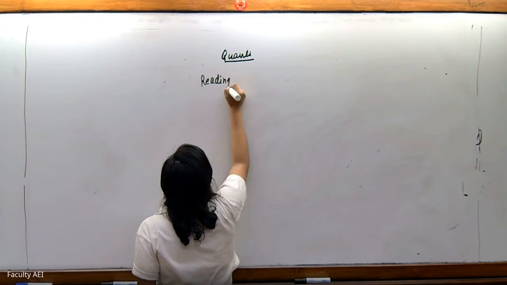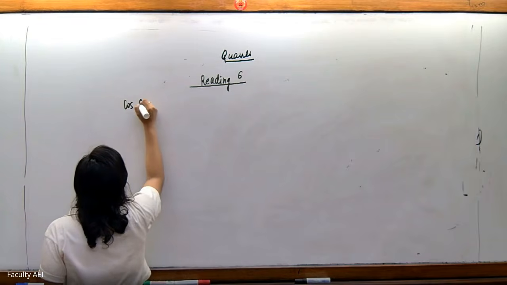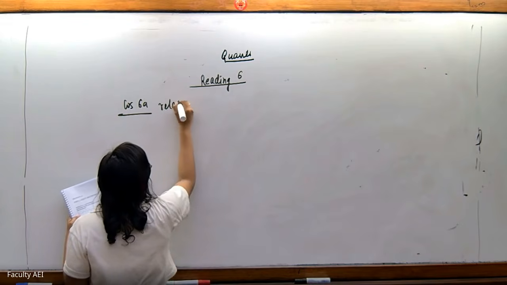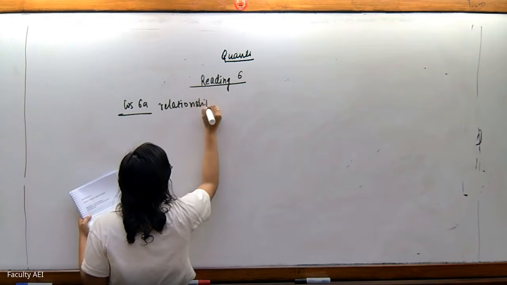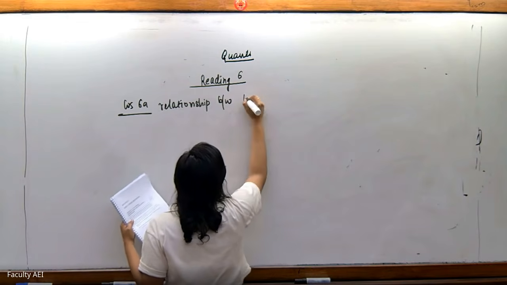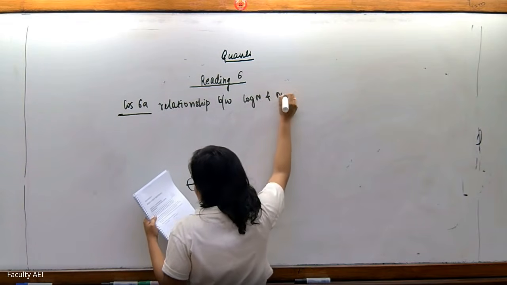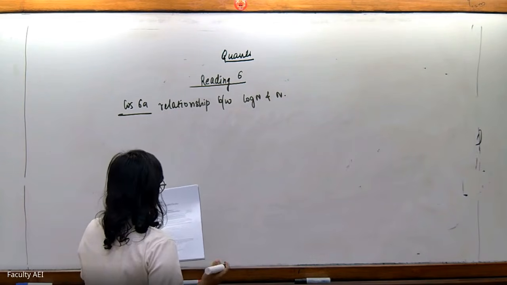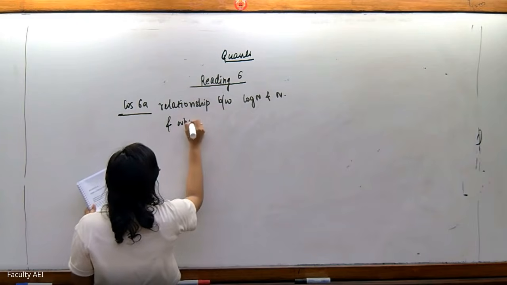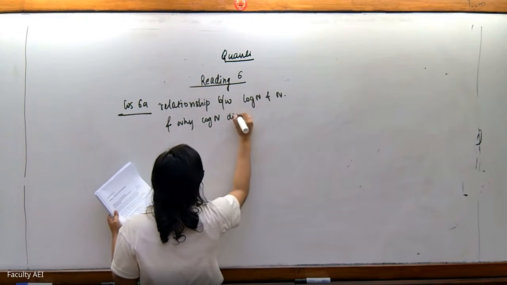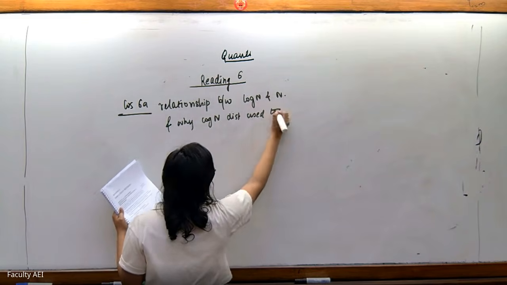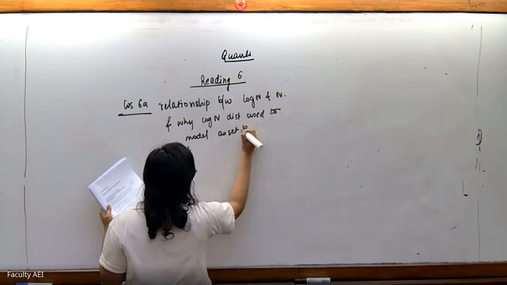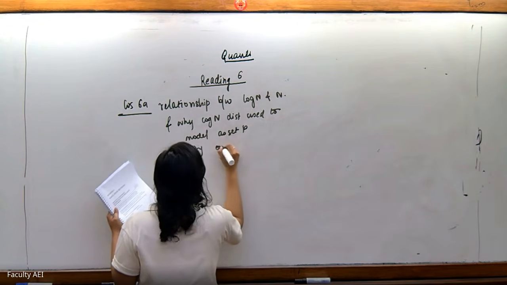LOS 6A is the relationship between log normal and normal distribution, and why log normal distribution is used to model asset prices when using continuously compounded returns.